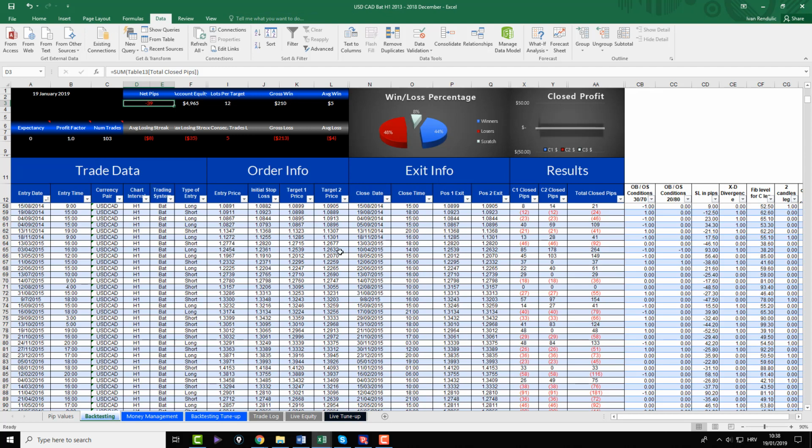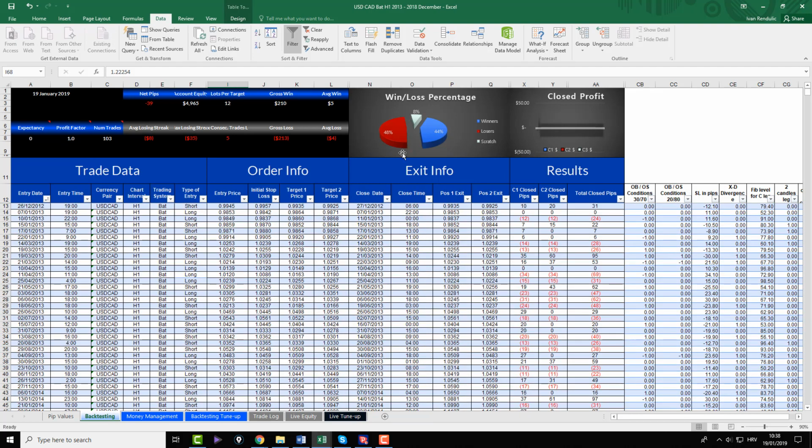As you can see, I have a backtesting spreadsheet here, which says that out of the 103 trades that I took in the last 5 years, 48% of the time it was a losing trade, 44% of the time was a winning trade, and 8% of the time was a scratch trade or a break even based on my rules.